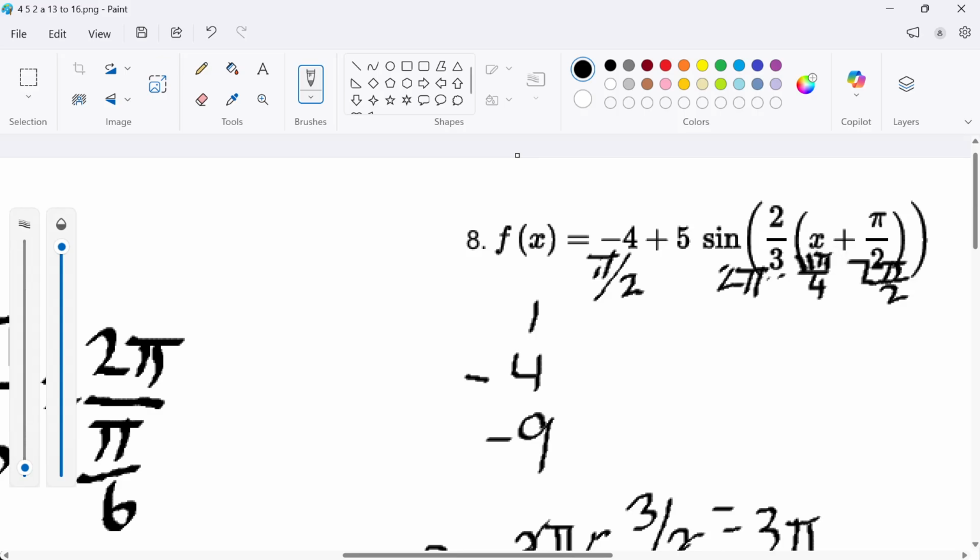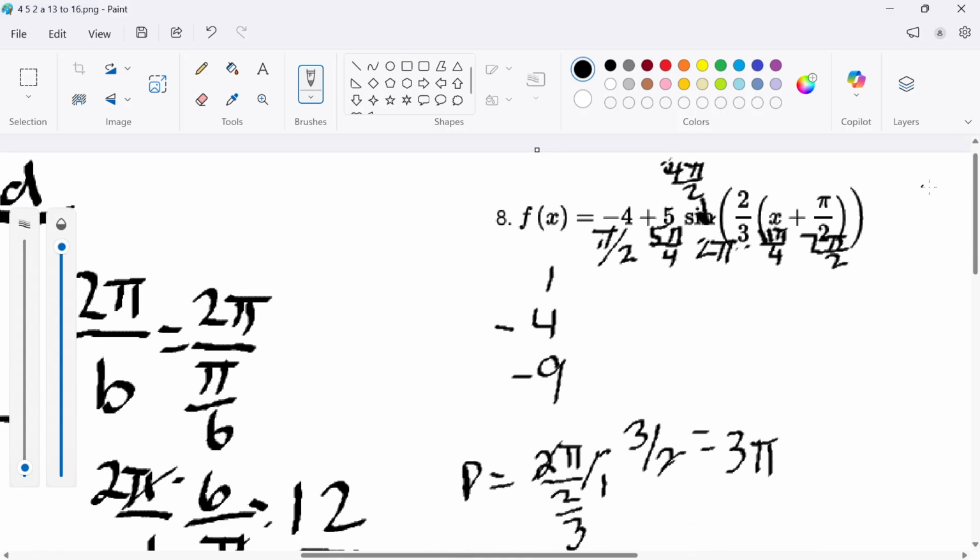And then halfway between 2 pi and pi over 2, 2 pi is equal to 4 pi over 2, and pi over 2 is 5 pi over 2, so this is 5 pi over 4. I better show this on Desmos to show that this works.